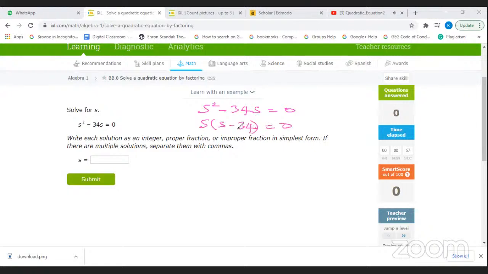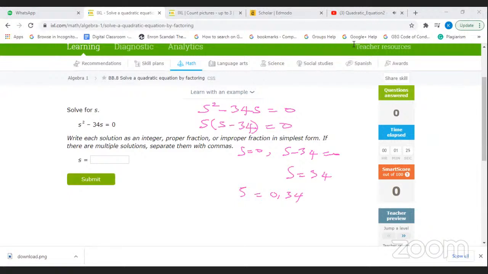When you have products like this, like I said the other time, x will be equal to 0 or x minus 34 equals 0. So x is equal to 34. It means x is equal to 0, comma 34. That is what we are going to put here.